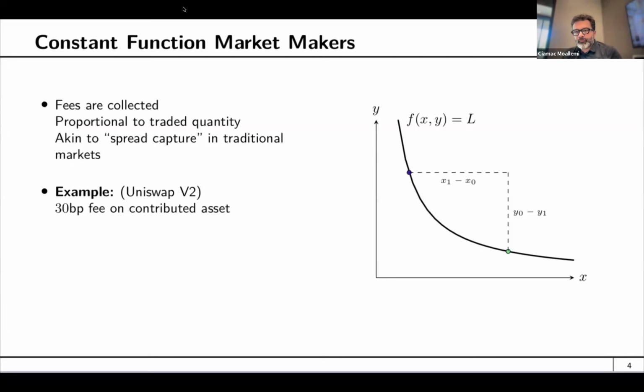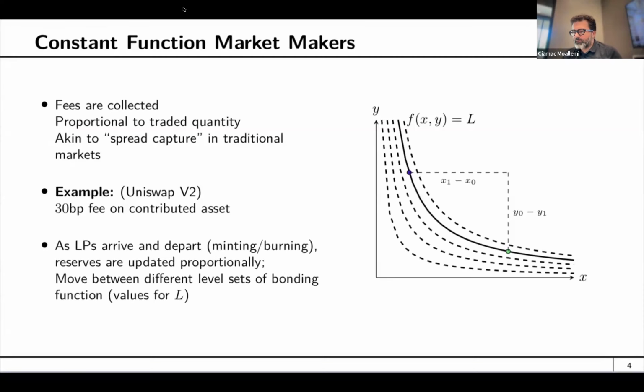And finally, the third thing is what happens with the liquidity providers. I mentioned at the beginning we were imagining a scenario where the liquidity providers started at a particular state. However, the liquidity providers don't need to be static. They can arrive and depart. You can have additional liquidity providers arrive and contribute assets to the pool in proportion to what's already there. That's called minting.